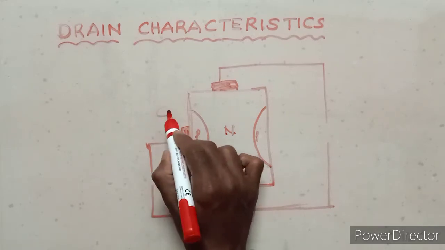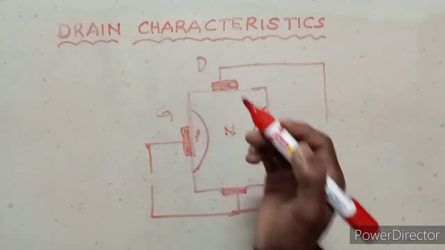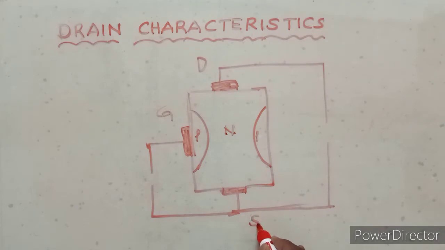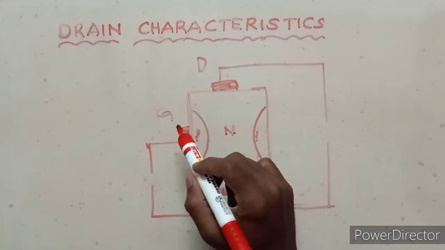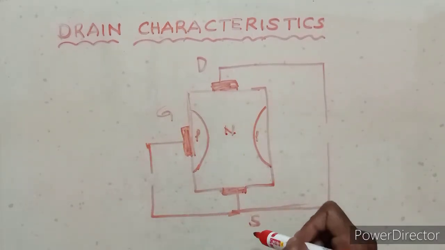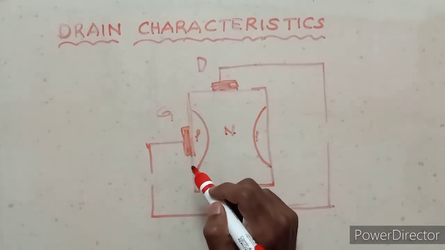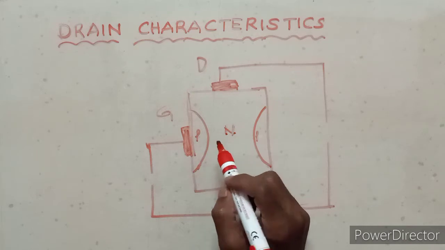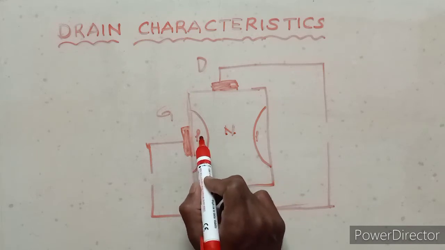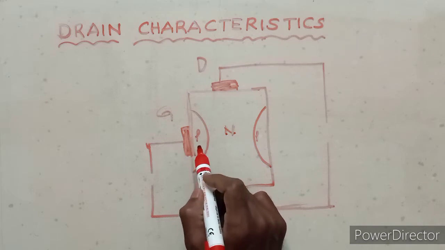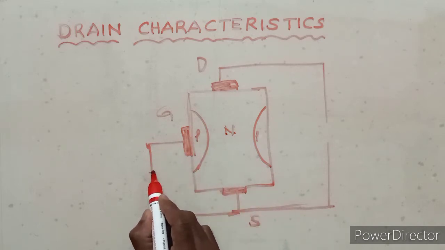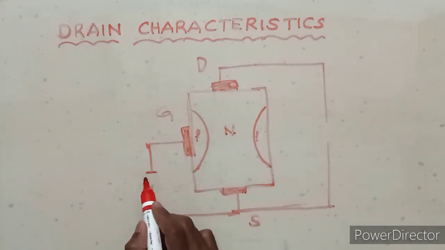So this is the gate, this is the drain, this is the source. First of all, gate and source is in reverse bias. Reverse bias means this is the P type of semiconductor, P type means positive. So this positive is connected to negative. That is the reverse bias.